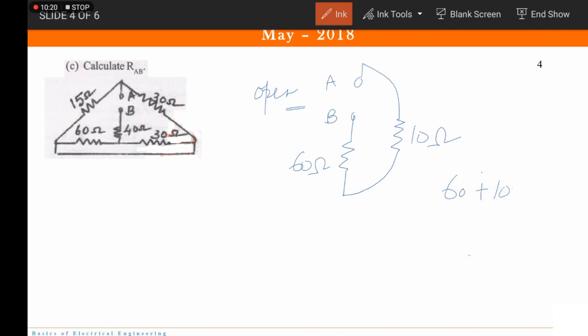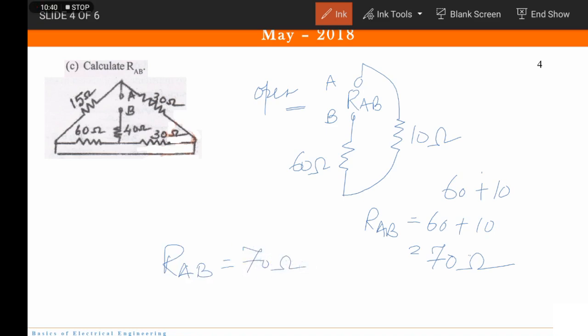Okay? So this RAB is actually 60 and 10 in series, which makes it 70 ohms. So the resistance between terminal A and B will be 70 ohms. So this is the answer.